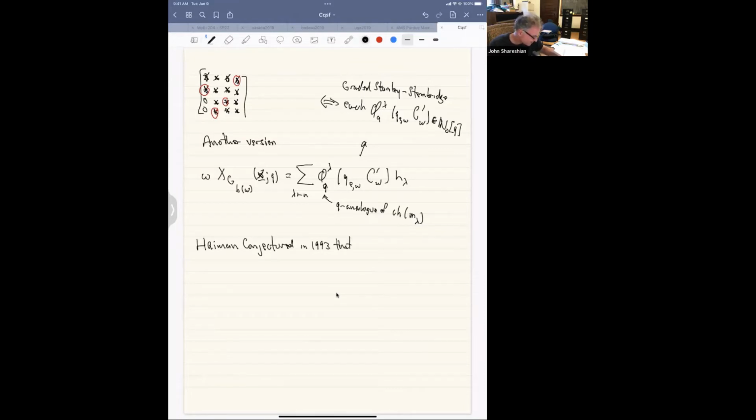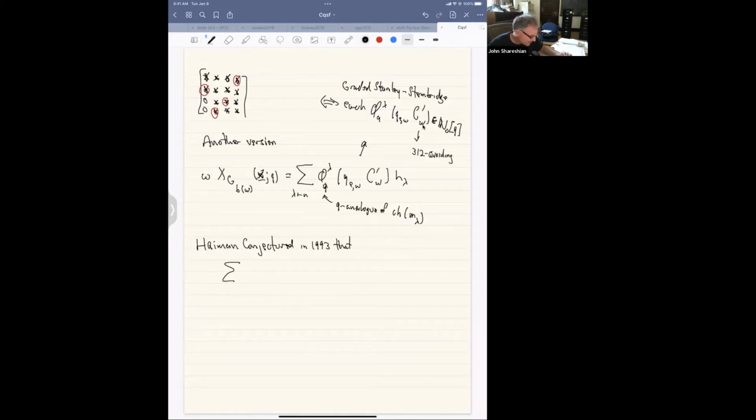that this thing, right? So here for the graded Stanley-Stembridge conjecture, we're assuming that W is 312 avoiding, right?